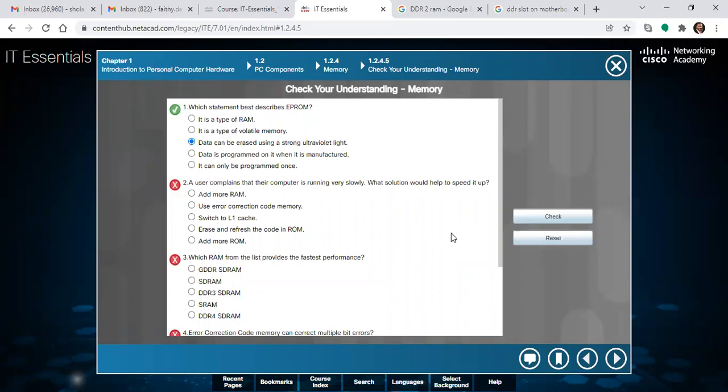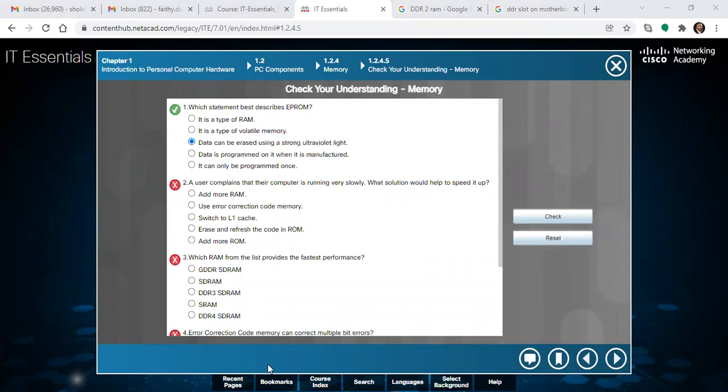Group B, we are waiting for your answer. Hello, we can hear you clearly. Shiva, do you want to answer the question? I am not sure, but I will say add more RAM.